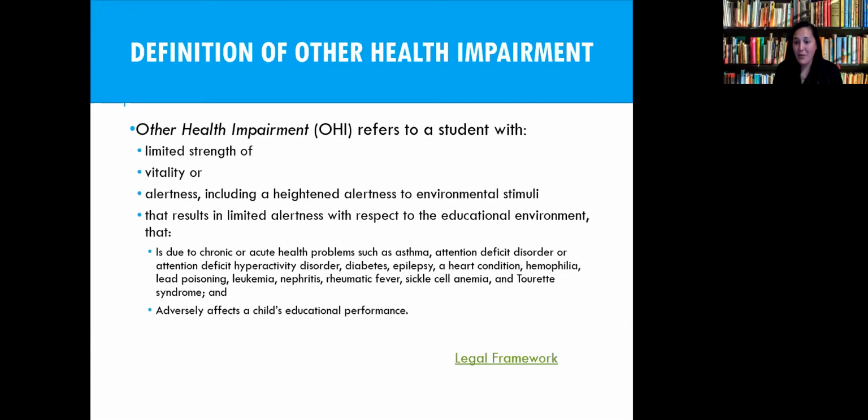And if someone comes into your office and they have OHI for something else, you might think that it was the inaccurate eligibility. It may not be, because again, we're looking for an acute or chronic health condition that impacts in one of these three ways. And sometimes it is not the primary disability, it's more secondary, or maybe even a third disability, depending on the need of the student.